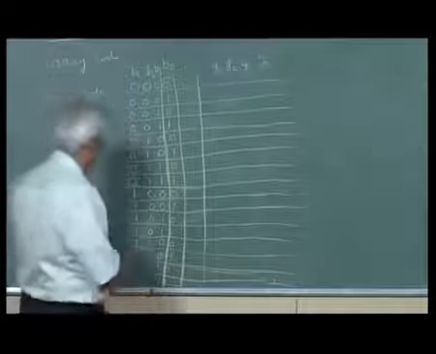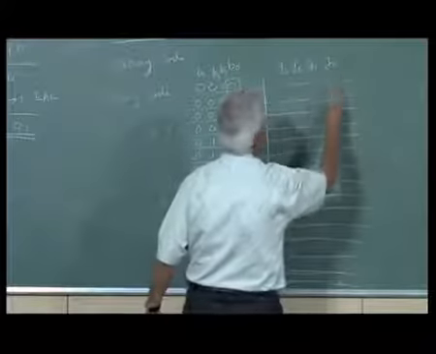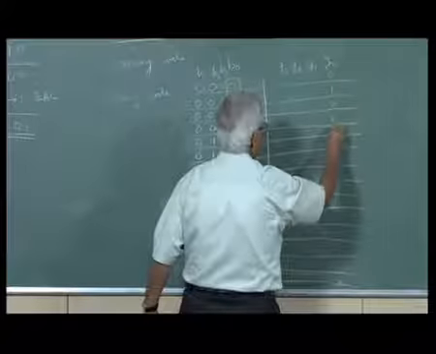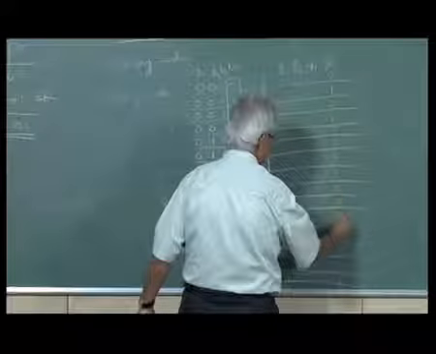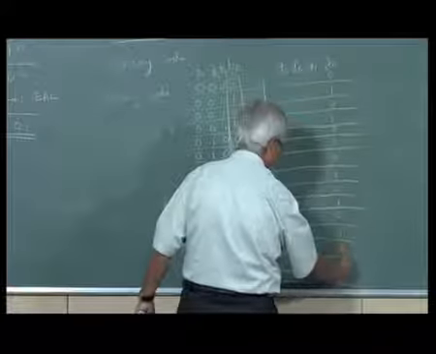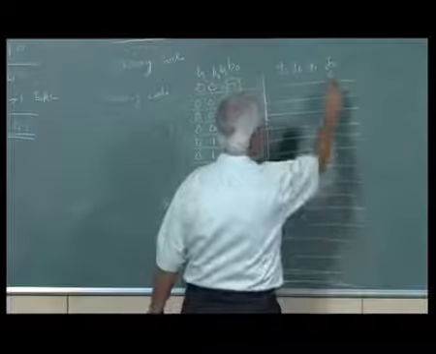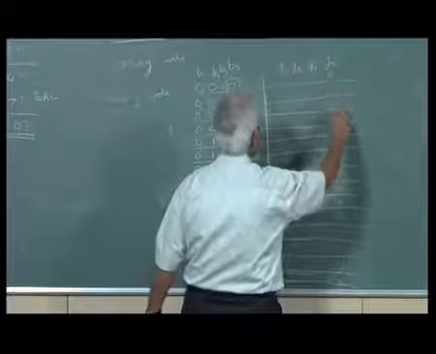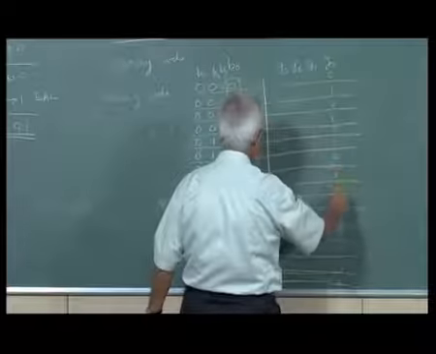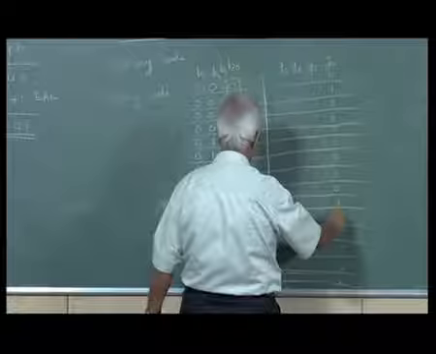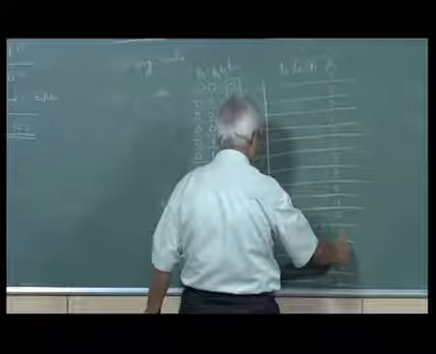Okay, now 0, 1, copy this. One is missing somewhere. 1, 0, 1, 0, 1, 0, 1, 0, 1, then 0, 1, 0, 1, 0, 1.